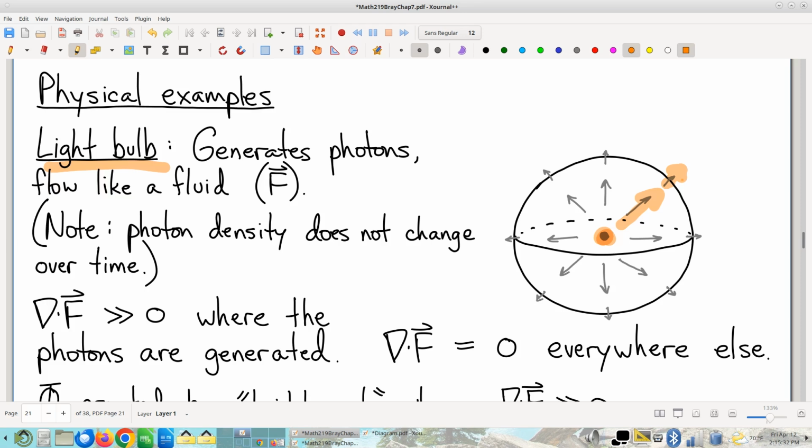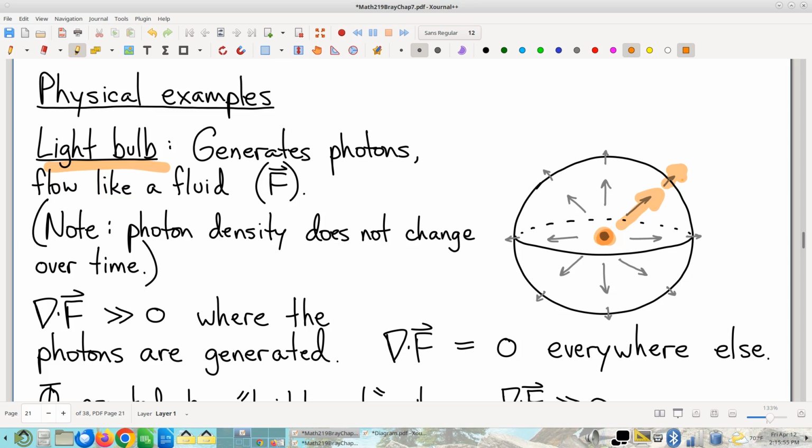Does that make sense to everybody? So that's why these field lines are shorter. And we're going to talk on the next page about what the actual formula is for that vector field representing this fluid flow, this fluid of photons. Kind of a weird fluid, right? But again, it behaves like a fluid.